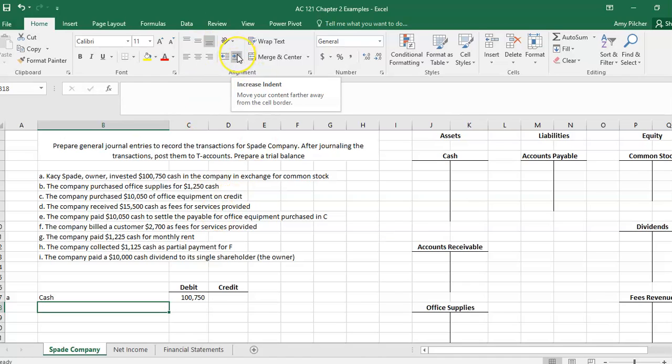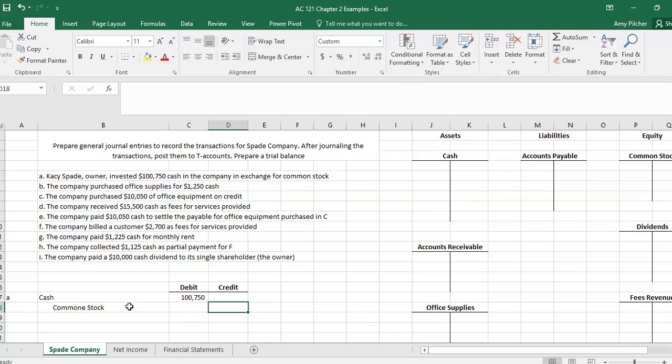The credit for this account, we're going to indent on this line, is common stock for this journal entry. The credit in a journal entry is indented from the first line, which is the debit account. Our credit is for $100,750 to common stock.